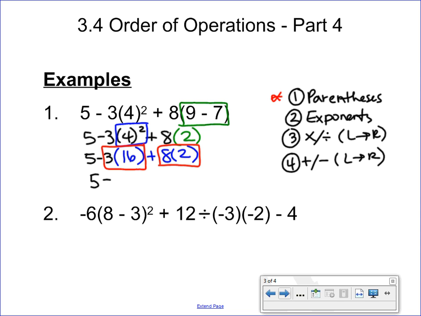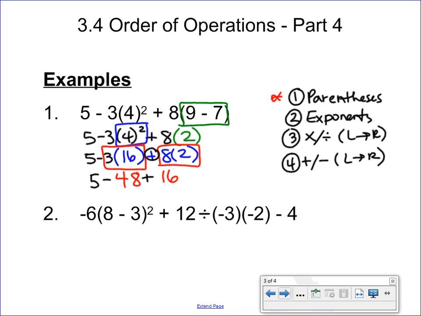And now I have to figure out what 3 times 16 is. So on your calculator, you can multiply 3 times 16 on the side of your paper, however you want to do that. You're going to get a 48. And I have this plus sign that I have to bring down. And then I also have to calculate 8 times 2, which is 16.